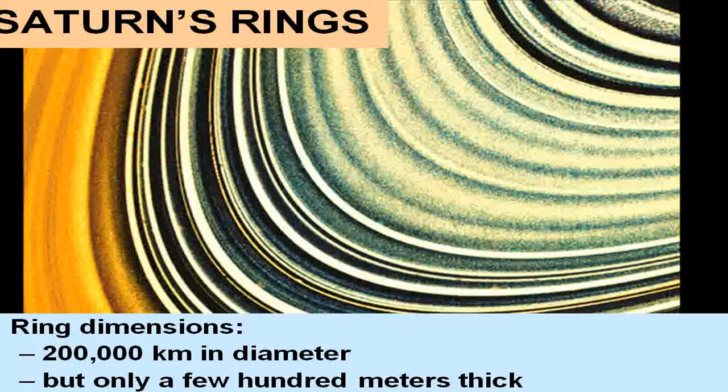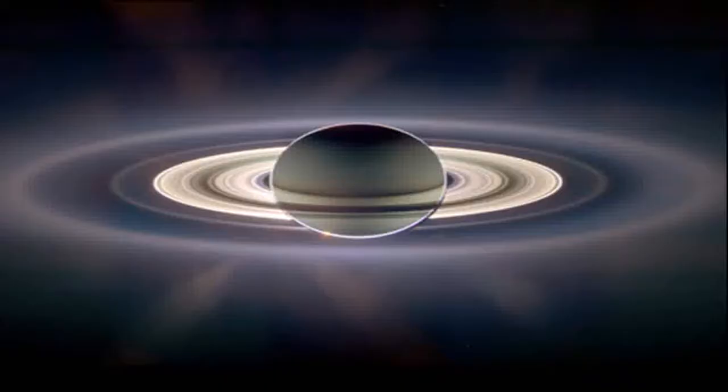So the ring system itself is relatively thin in relation to its diameter. Here's a backlit picture of Saturn and the ring system. This is a recent picture, and it's pretty neat, I think. But it clearly shows the features of the Saturnian ring system.